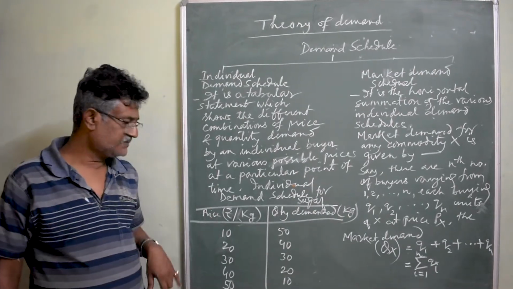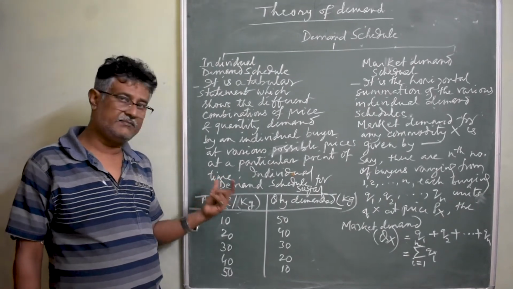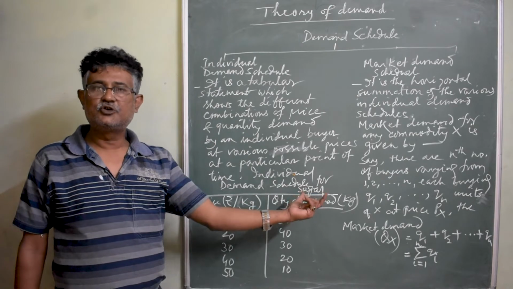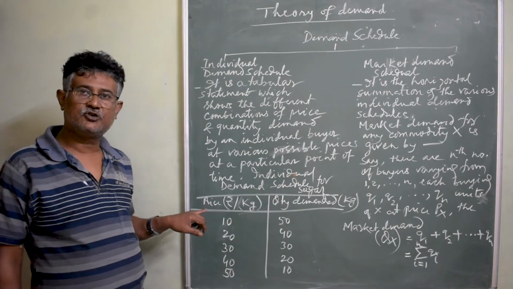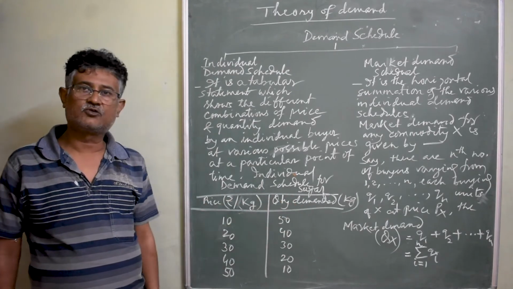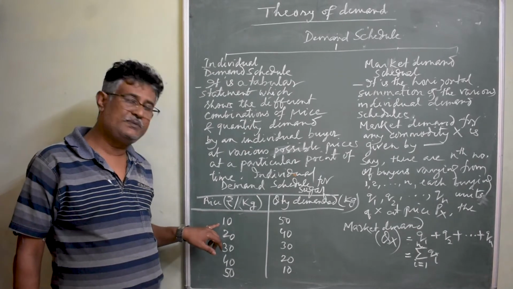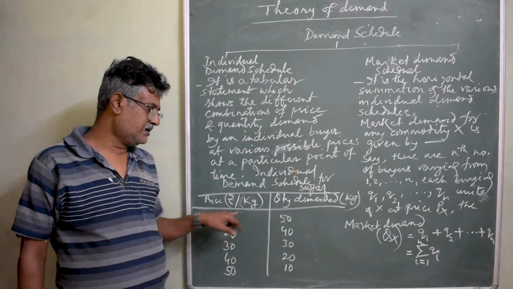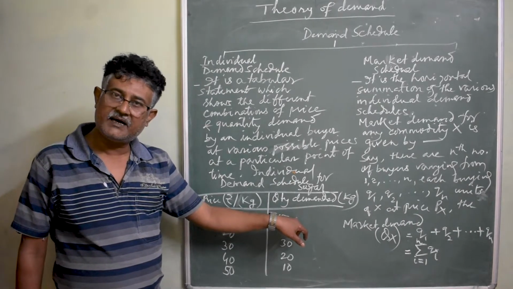Here in the given schedule you find the demand schedule for sugar. We are showing price in rupees per kg and the quantity demanded in kg. When the price is rupees 10 per kg, 50 kgs of sugar is demanded.